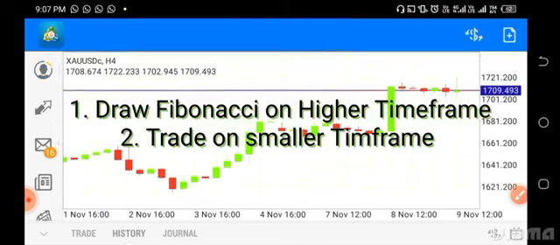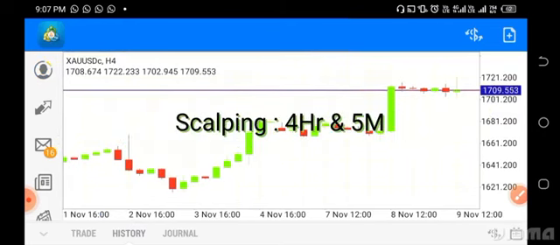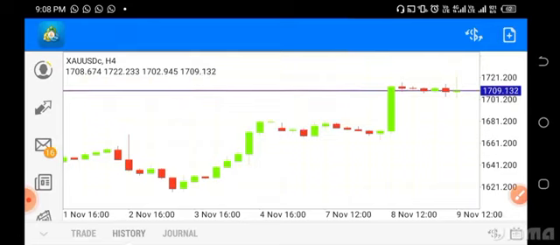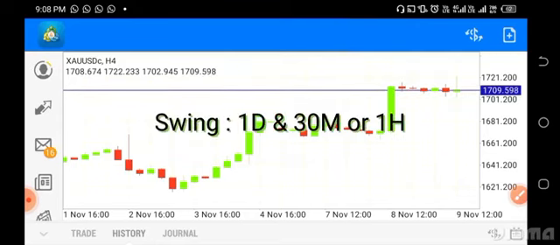If you are scalping, you select the 4 hour time frame to draw the Fibonacci and take trades on 5 minutes. If you do swing trading, you select the 1 day chart, draw the Fibonacci, plot the levels, and later trade on a 30 minute or 1 hour chart.